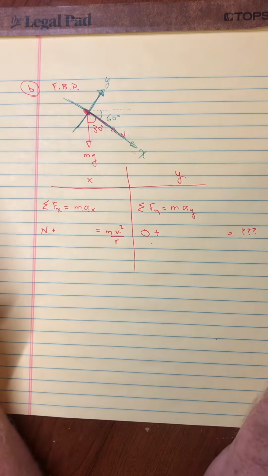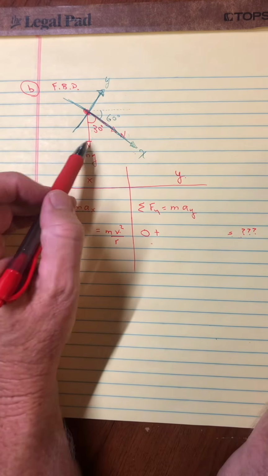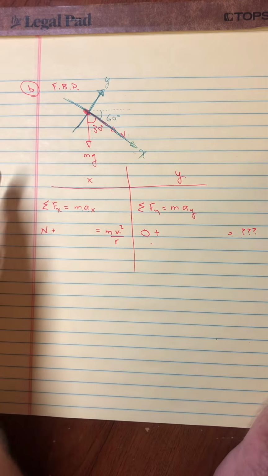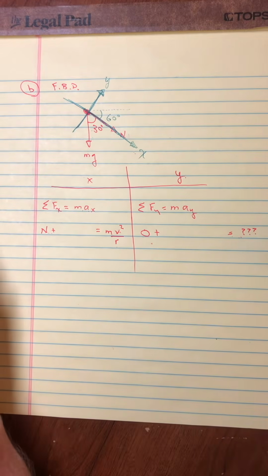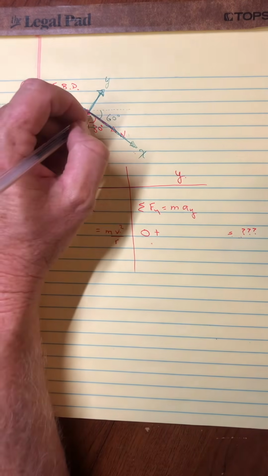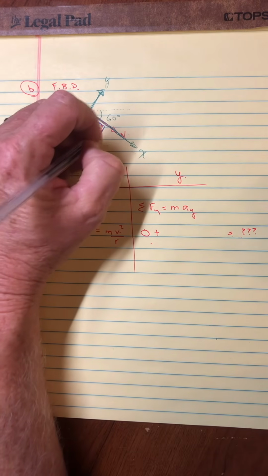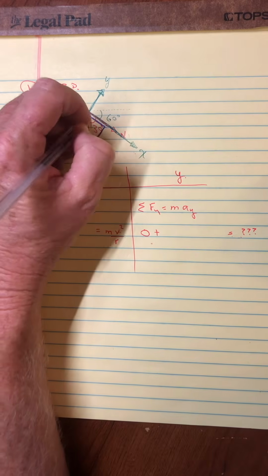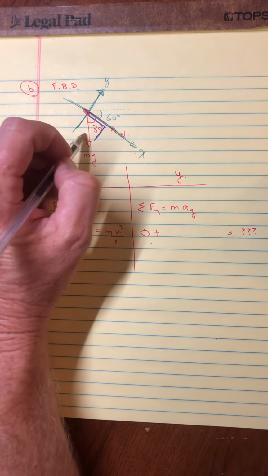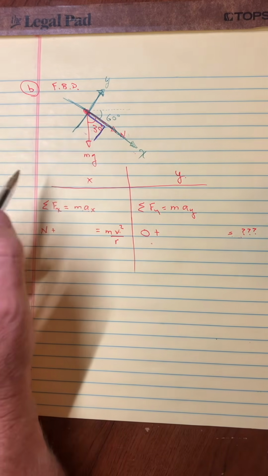Gravity's still down. And so when you look at this, you can kind of see a triangle made out of here. Maybe if I do it in blue, it'll stand out, but you would have a horizontal and a perpendicular piece. These two blue pieces, I'm saying, is equal to the mg.